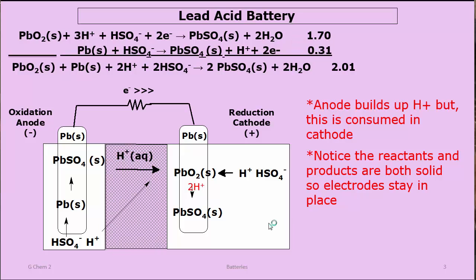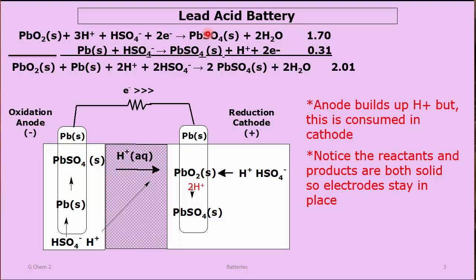Notice the other part about this lead-acid battery is that the reactants and the products are both solid, so the electrodes stay in place. So for example, if we go up here to the cathode side of things, you can see that lead oxide is a solid material, and as it converts over to lead 2 sulfate, it is also a solid material.